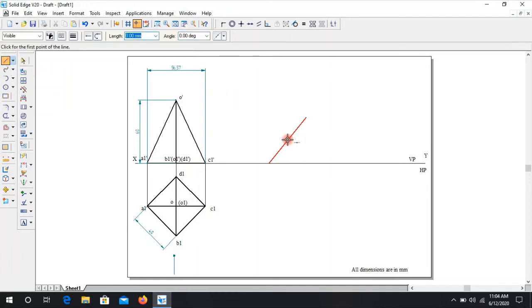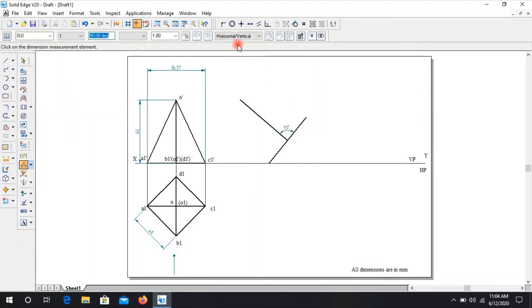Now this is the midpoint which represents B1 and B1 dash. From here we take height as 60 mm. And this inclination should be 90 degrees. This center line will be making an angle of 90 degrees.